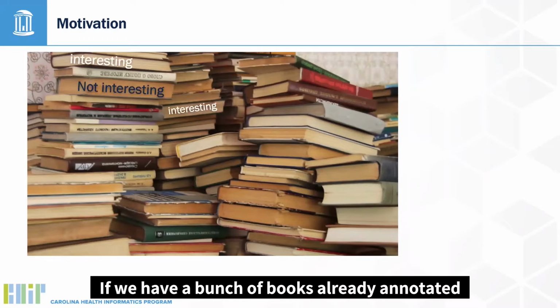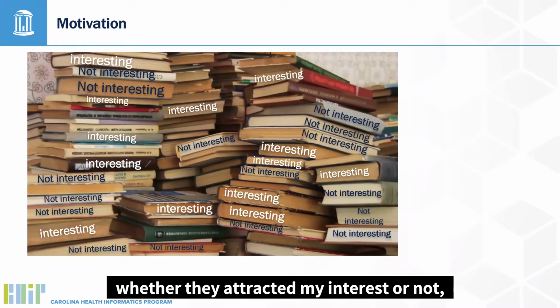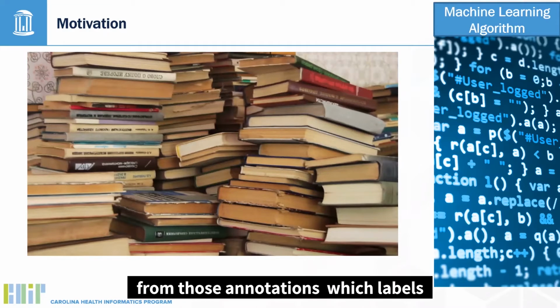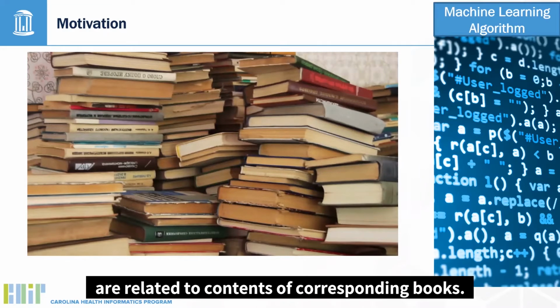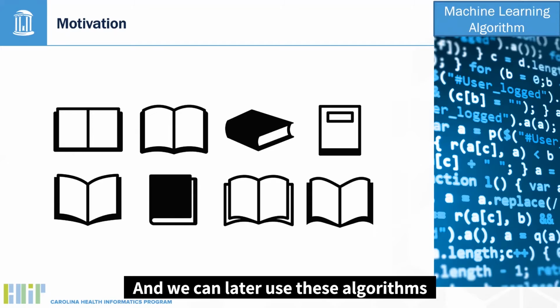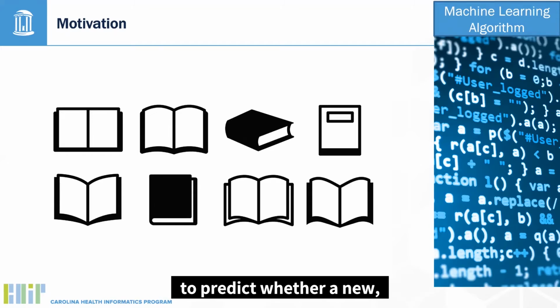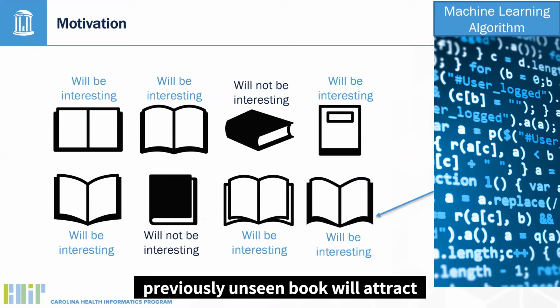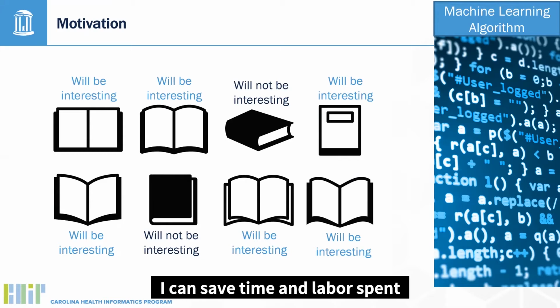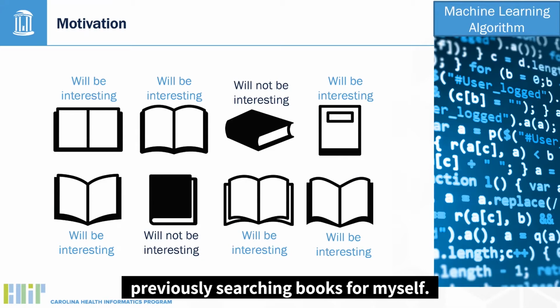If we have a bunch of books already annotated, whether they attracted my interest or not, a machine can be trained using an algorithm to learn from those annotations which labels are related to contents of corresponding books. And we can later use these algorithms to predict whether a new previously unseen book will attract my interest based on its content. In this way, I can save time and labor spent previously searching books for myself.